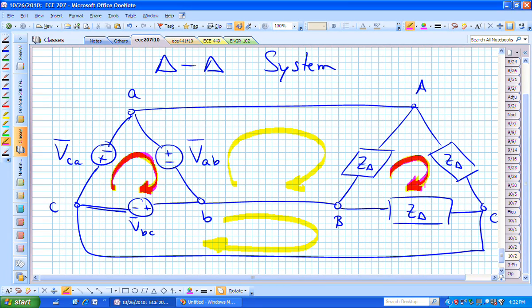So those red meshes are 0. The only 2 meshes you would have to worry about are those 2. Well, you could actually do an outer mesh if you wanted to, all the way around the perimeter, and that would give you the C-type phase, wouldn't it? But what does this one tell you right here?